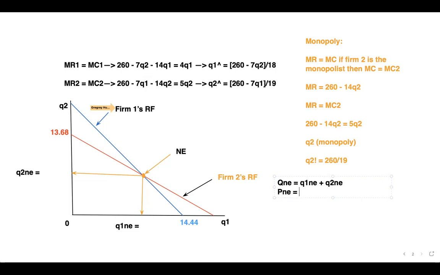And that price is going to come from our demand function. So I'll just put price as a function of industry output, so that's from our original demand equation.